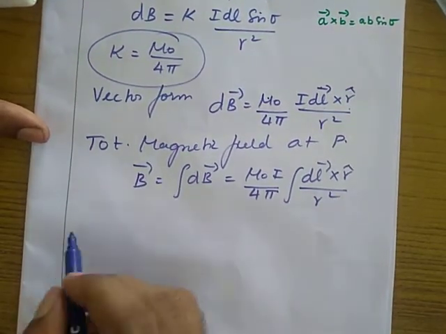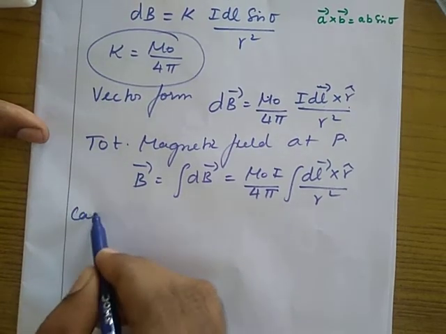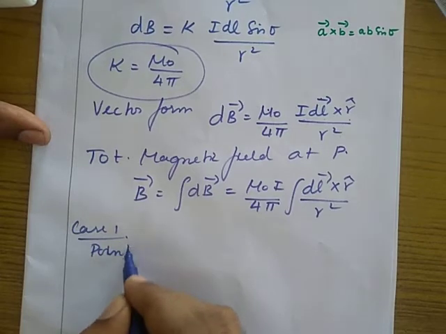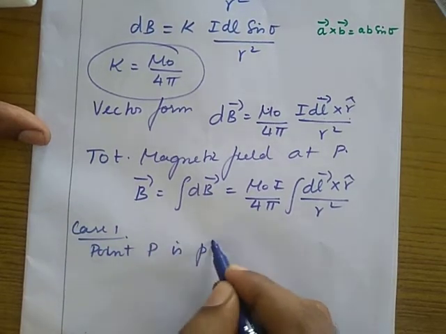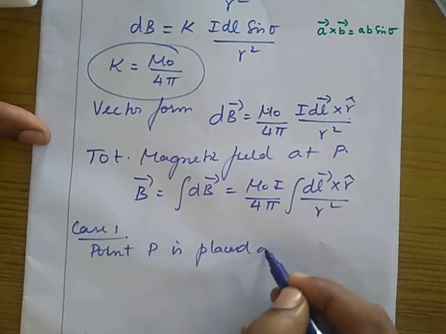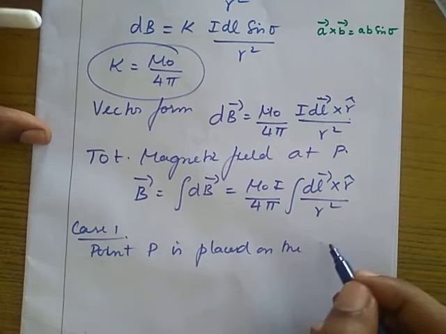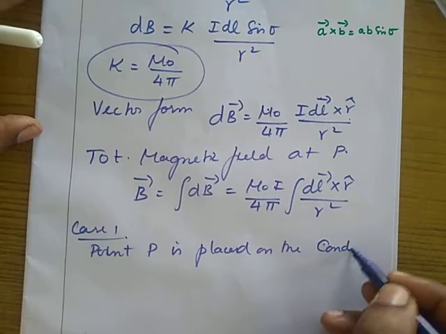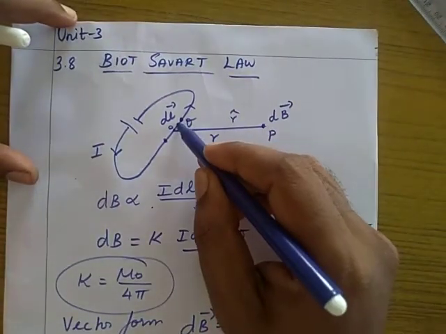Here we see some cases. Case 1: suppose point P is placed on the wire, on the conductor. Listen, if the point P is placed on the conductor, then theta becomes 0 degree.